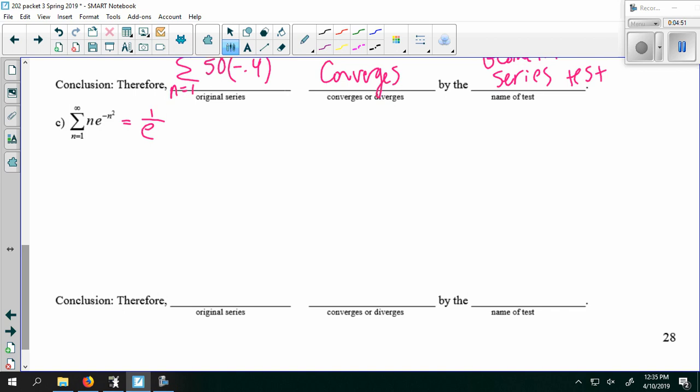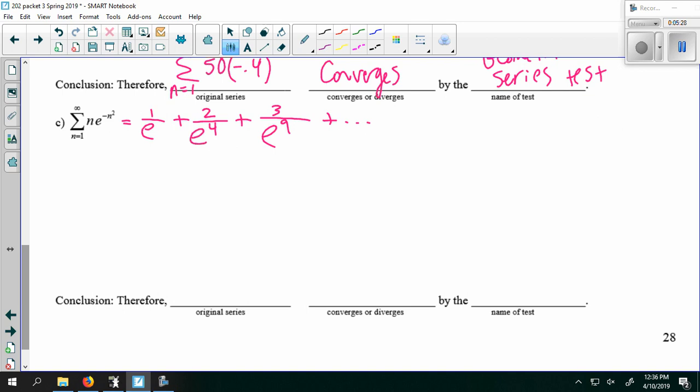And then if I put in a 2 for n, I get 2 over e to the 4th. 2 squared is 4, move it to the denominator, yep. Then I'm going to put in a 3 for n, and I get 3 over e to the 9th plus dot, dot, dot. All right, so those do look like they're going to 0, so I can't rule out convergence.